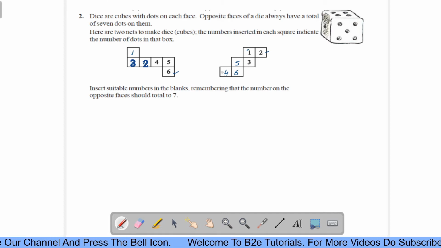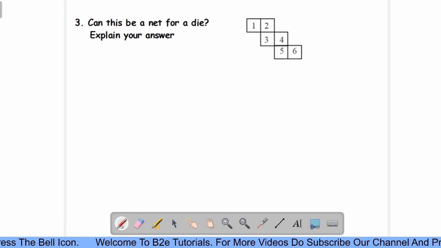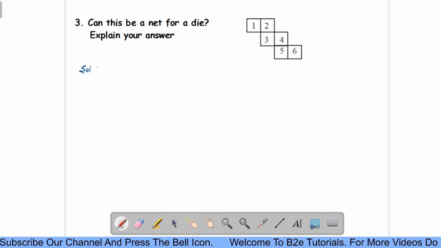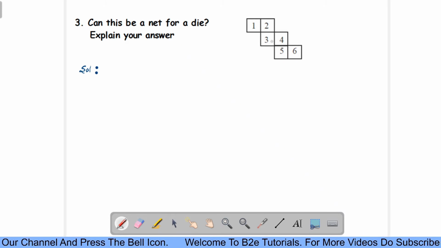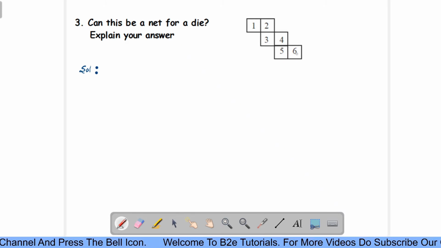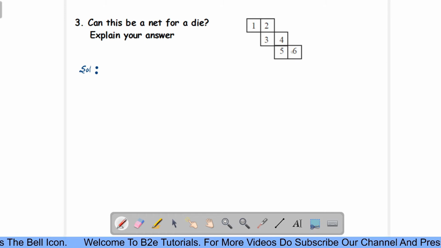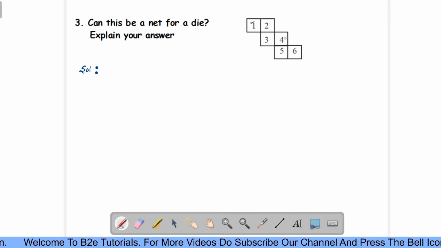Come to next. Question number 3. Can this be a net for a die? Explain your answer. Here see solution. Here see what is given here. 1, 2, 3, 4, 5 and 6. Here if you see the opposite faces, here opposite faces will be 1 and 4.